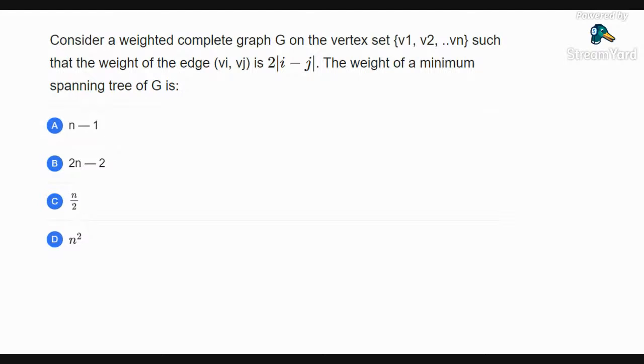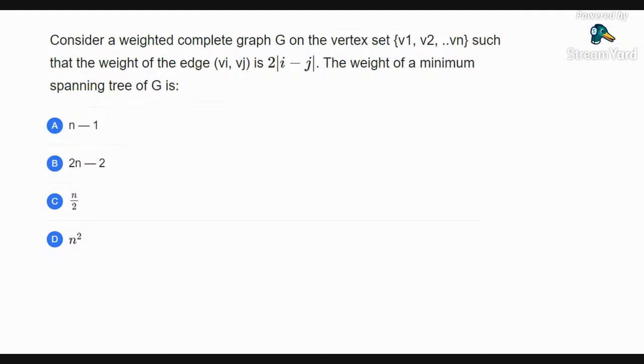Okay, so in the v2 v4 pair, the value of i is 2 and the value of j is 4. Now the weight of this edge is 2|i minus j|. So the difference between i and j, we will take the modulus of this. The difference is 2 and it is multiplied by 2. So here you can consider that the cost of this particular edge between v2 and v4 is 4.